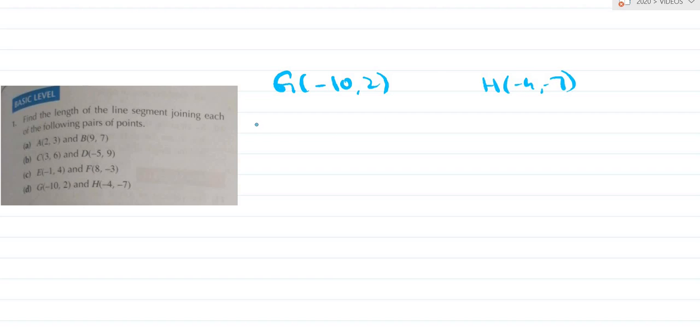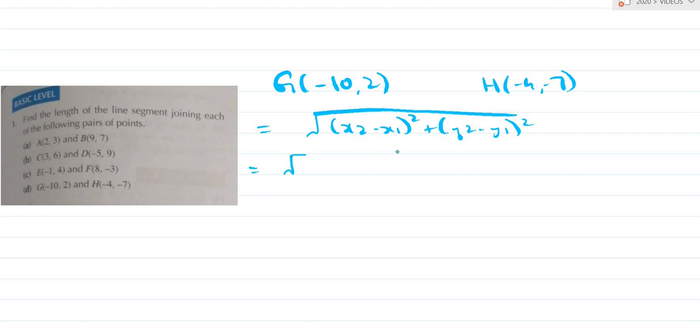Apply the formula. What is the formula? Under root x2 minus x1 whole square plus y2 minus y1 whole square. Plug in the values now. What is x2? Minus 4 minus, and what is x1? Minus 10 whole square plus what is y2? Minus 7 minus what is y1? It's 2 whole square.